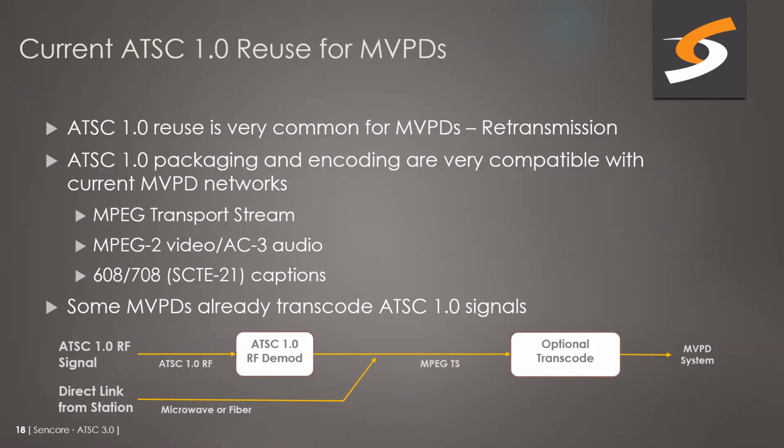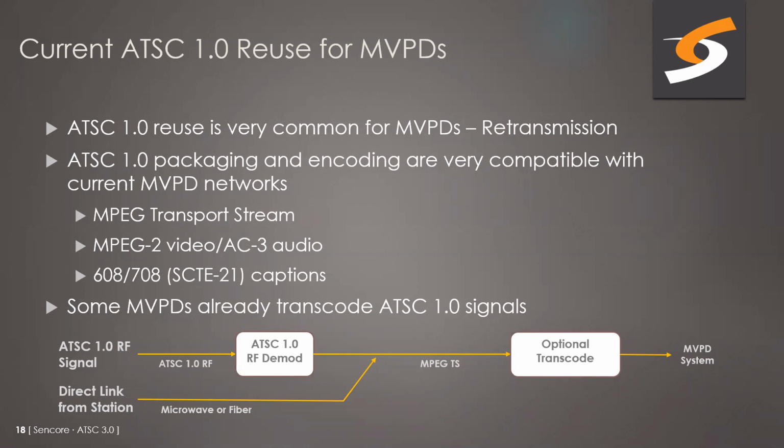Most of the MVPDs that are reusing local off-air signals in their system are either receiving it from the 1.0 RF signal, or they've got some kind of a microwave or fiber link to the actual local broadcaster, and are able to get that without that over-the-air hop. But even when they're doing that, direct microwave or fiber, they often have the 1.0 RF signal as a backup in case something goes wrong. And then you see the optional transcode there on the diagram as well.